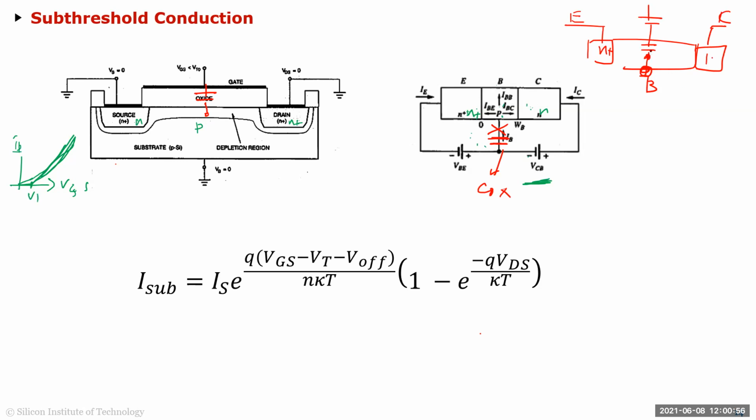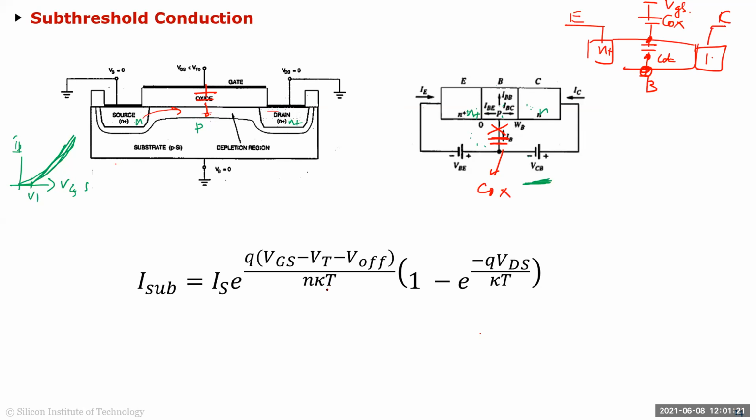So your base voltage is kind of a voltage division of Cox and C depletion, from VGS. And then it's the same mechanism. You have a potential here which looks like the base potential, and because you have some minority carriers injected from here, which get swept away to the drain side, you get a current.